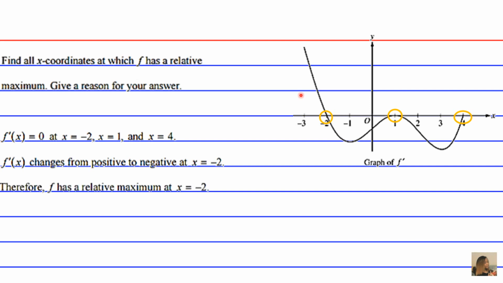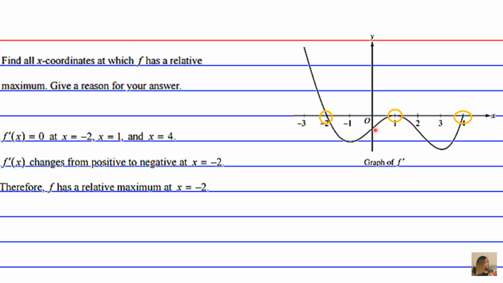Therefore, at -2, we have a relative maximum, okay? Critical values where f prime of x is also equal to 0. Note, you can also have a critical value if f prime of x is undefined, but on this interval, we don't have any spots where f prime of x is undefined.